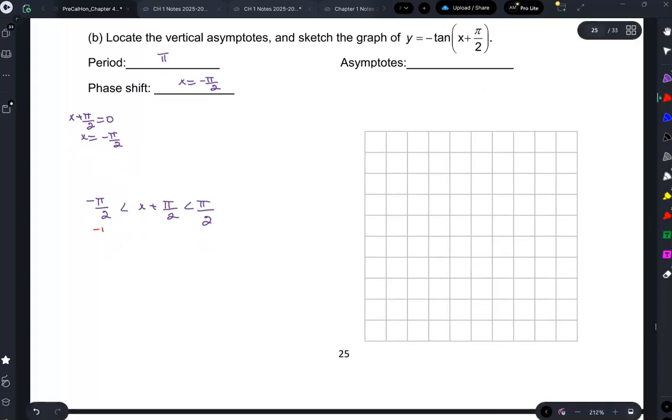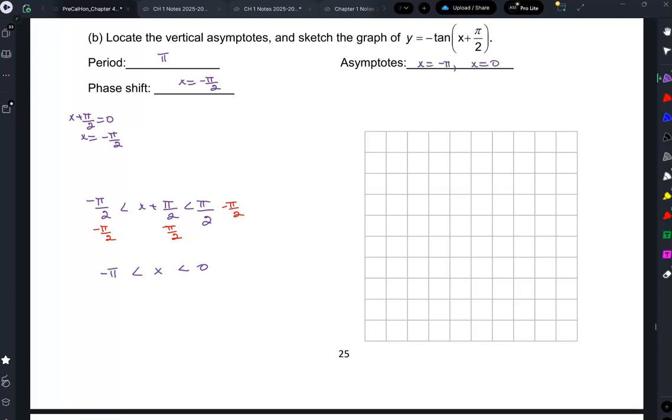Okay, subtract pi over 2. 0? No, negative pi. Right? X, 0. Fabulous. So now the asymptotes are x equals negative pi, x equals 0. Right, Shayna? So now it's different.